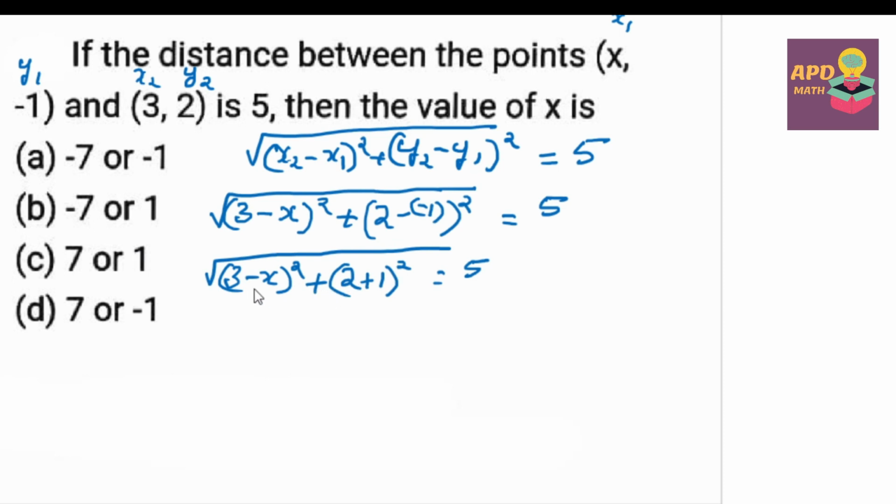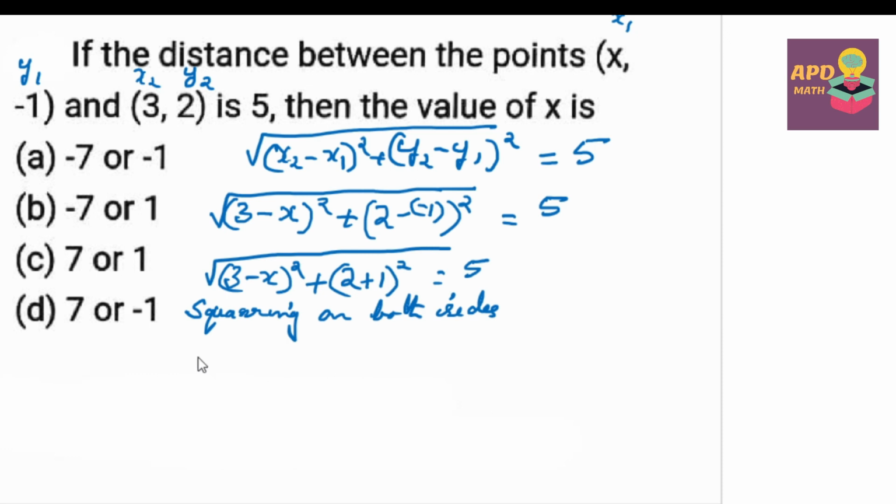Now we have to eliminate this square root. How to eliminate the square root? We have to square both sides, the left hand side as well as the right hand side.